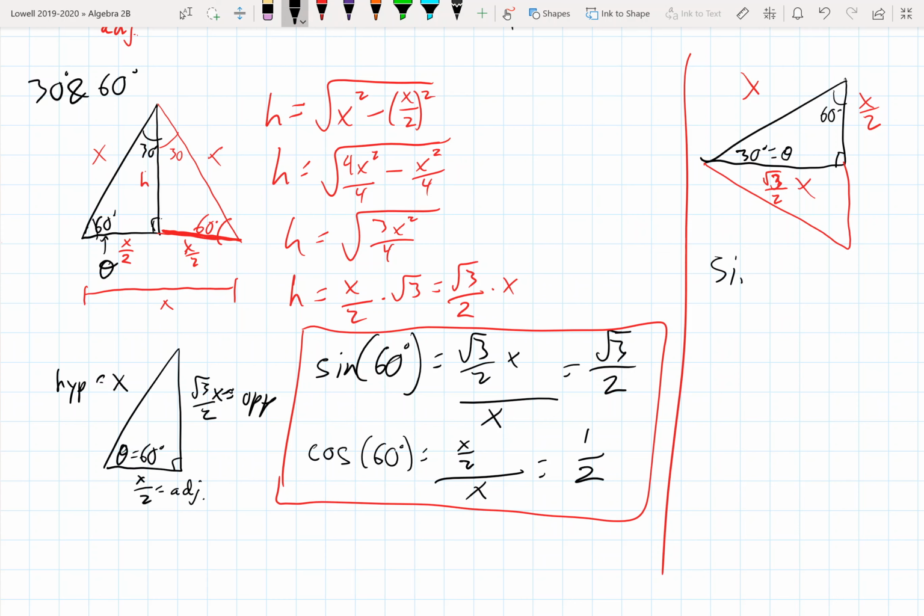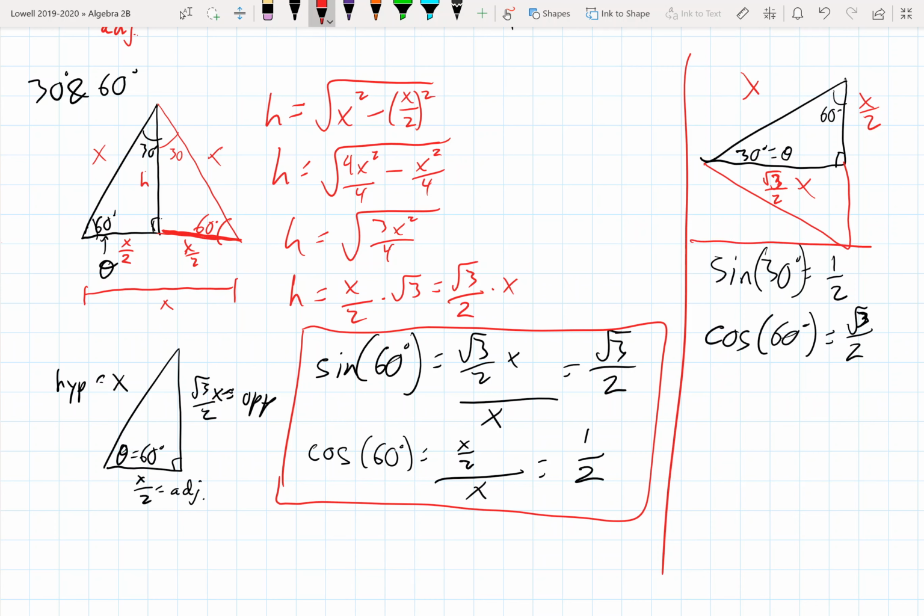Therefore, sine of 30 degrees would equal, be careful here now, this angle that we're looking at is the 30-degree angle, and so the opposite would be x over 2 divided by x, which is 1/2. Cosine of 30 degrees would be root 3 over 2 x divided by x. So that's root 3 over 2.